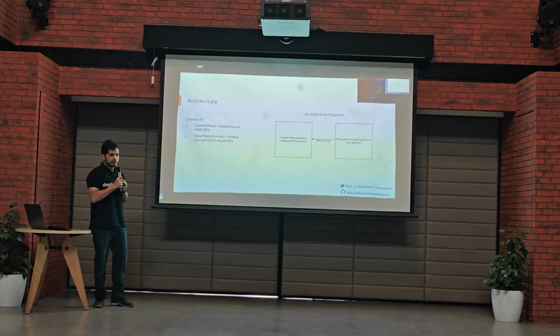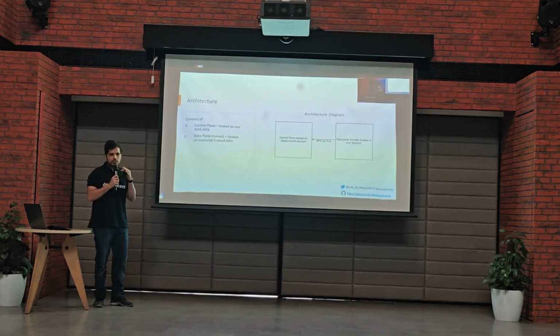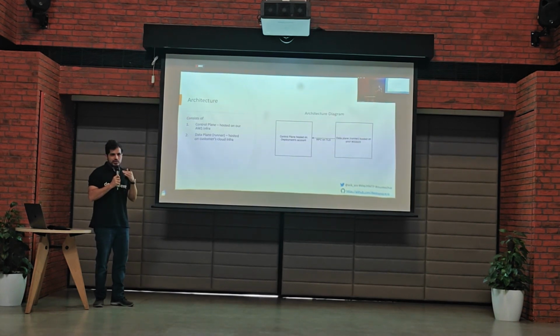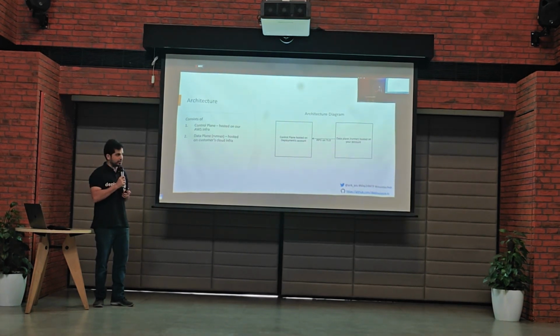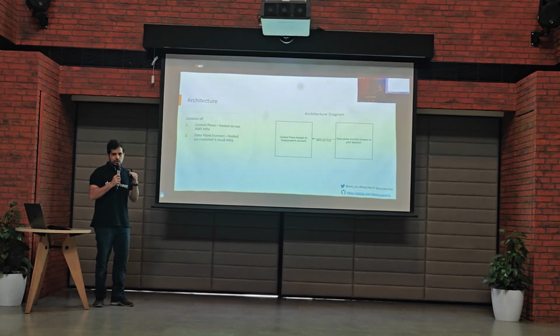The difference here is that the data plane is deployed on the user's cloud and has all the access to the user's cloud, so we never collect any keys or those kinds of things, which can cause a lot of liability and issues for our users. The control plane is hosted on our cloud and takes care of authentication, allocation of jobs, and those kinds of things.